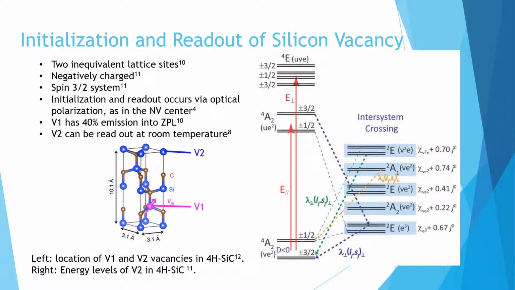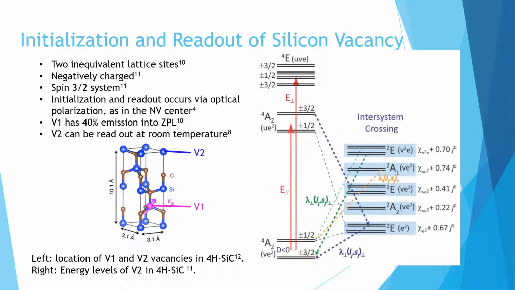The initialization and readout also occurs in a very similar manner. So you can excite an optical transition, you shine in a laser, you can excite these electrons up to this 4A2 excited state, and then the plus or minus 1/2 sublevels tend to decay via radiative transition, whereas the plus or minus 3/2 sublevels have a good chance of undergoing a non-radiative transition marked by this thick dotted blue line through one of these doublet states on the right.